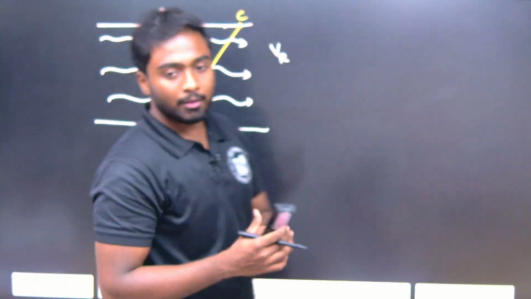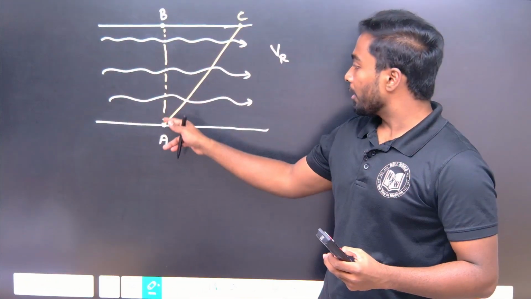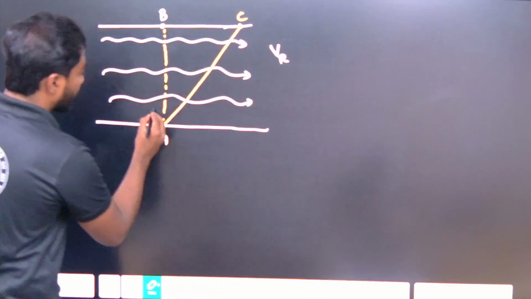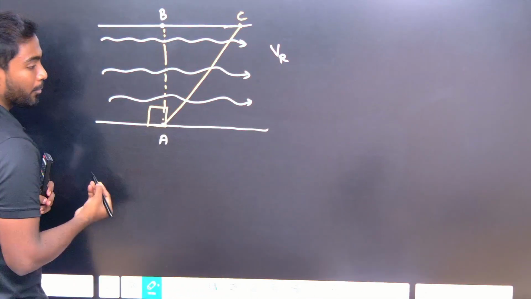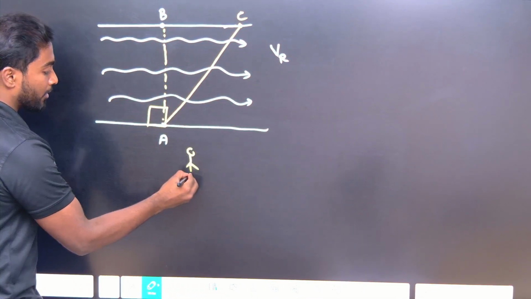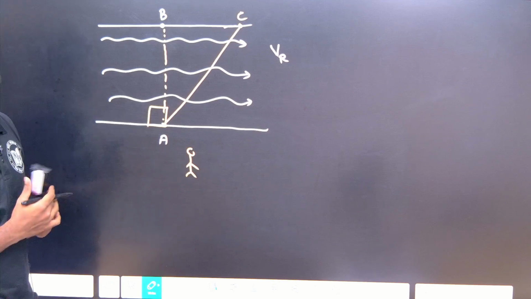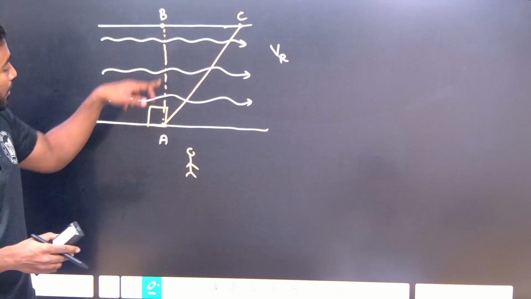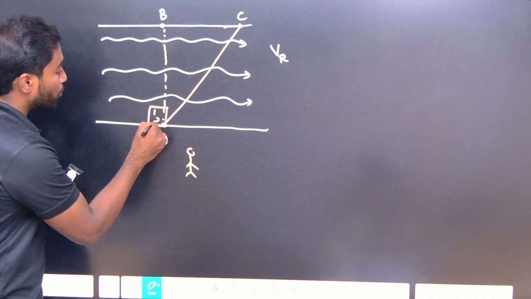Now listen carefully. Two persons are going in a boat and one person is standing here. A person wants to go from this point to this point. Here are two persons, 1 and 2.